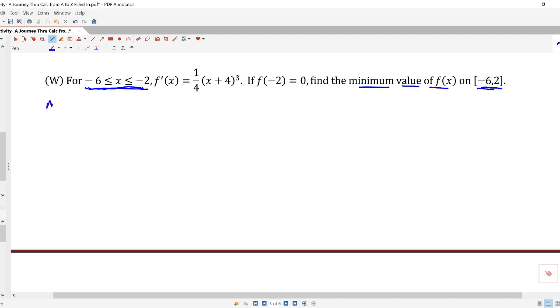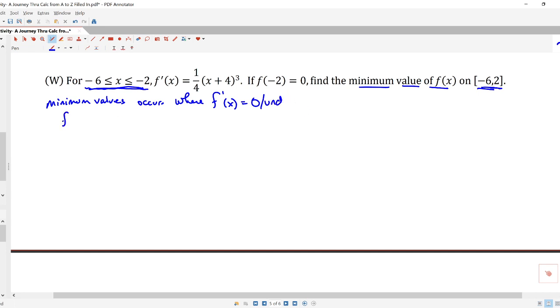Well, remember, minimum values occur at critical numbers. So that's where f prime of x is 0 or undefined.